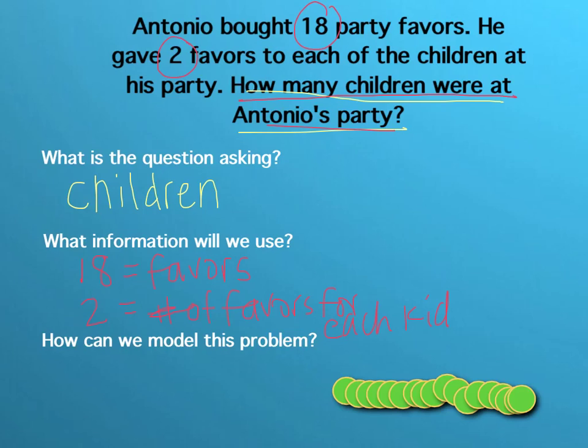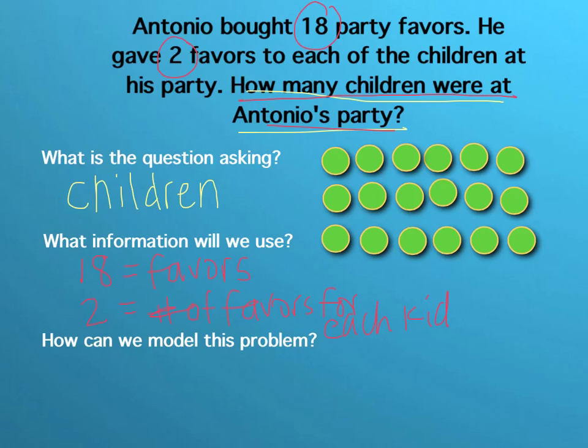So we're going to look at our model here. We know how many total party favors he had, so let's go ahead and put out the total party favors. How many are we going to count out? 18. 1, 2, 3, 4, 5, 6, and we'll keep counting.